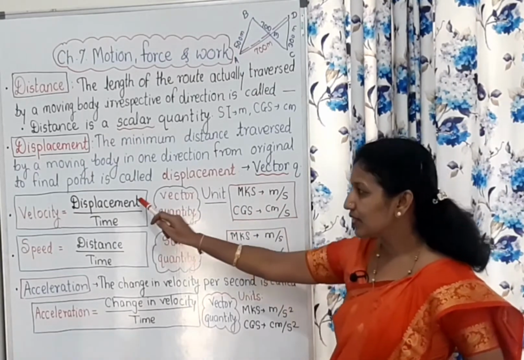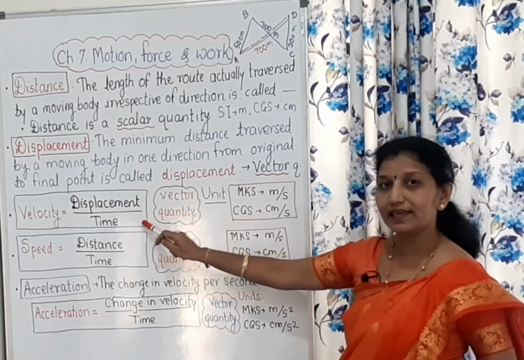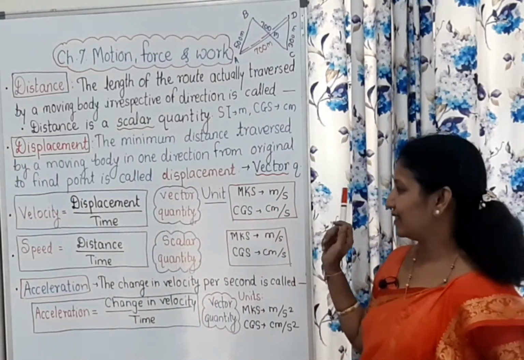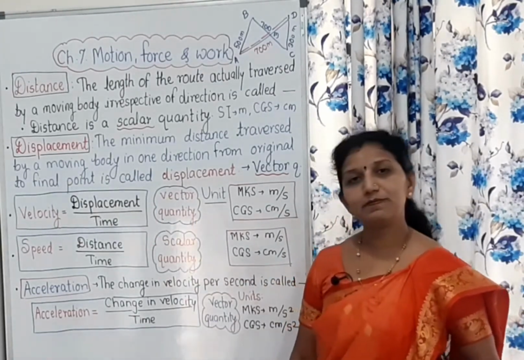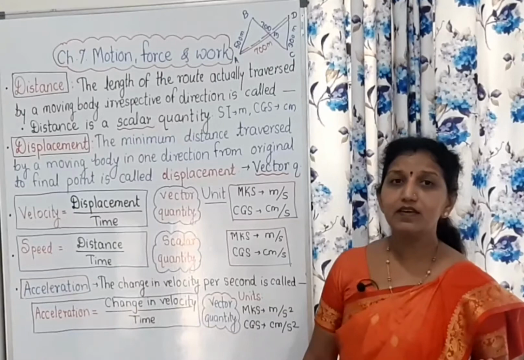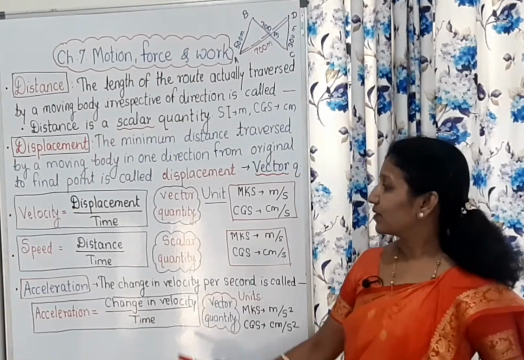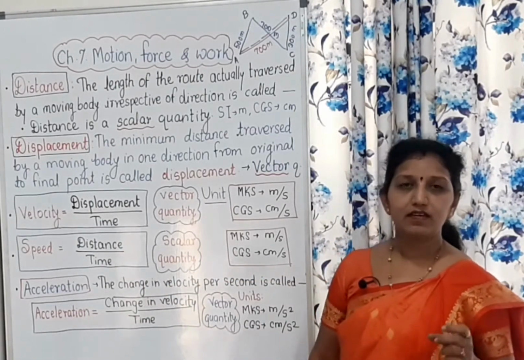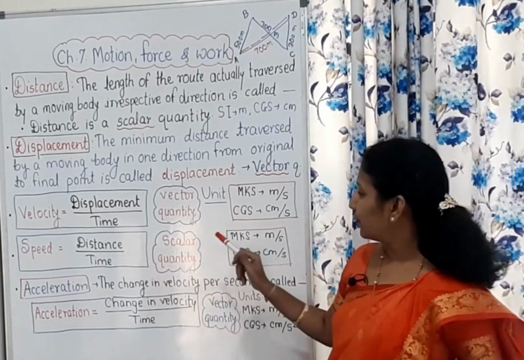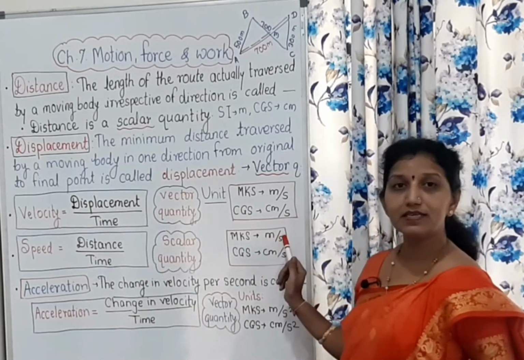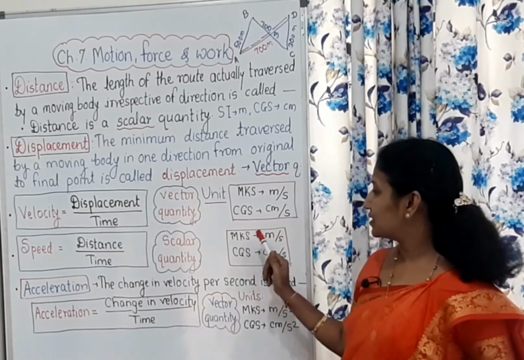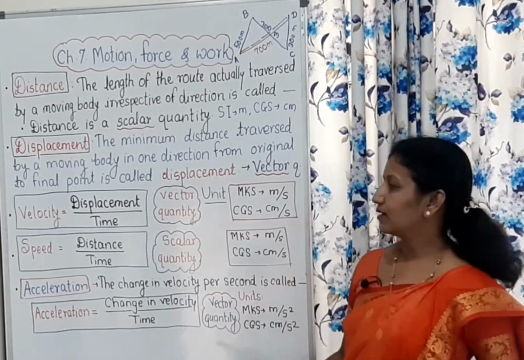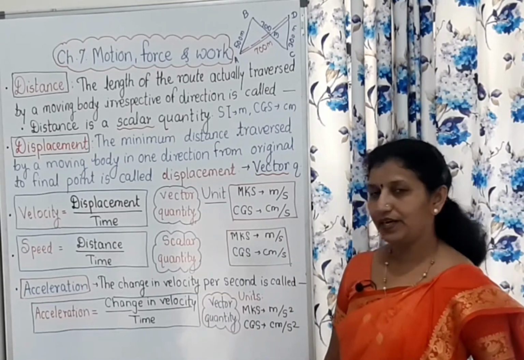In the CGS system, the unit of velocity is centimeter per second. Now, speed. We have seen the speed of a bus is 60 kilometers per hour. Here distance upon time is required. The main unit of speed is meter per second in the MKS system and centimeter per second in the CGS system.